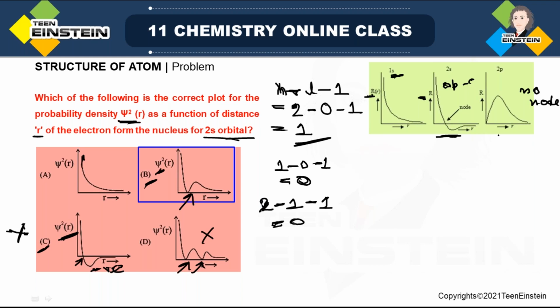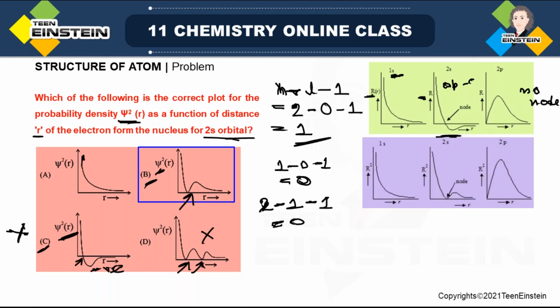So this picture is only for capital R, but the next picture again is for the same orbitals, 1s, 2s, 2p. But see, now it is square. Okay, so this is square for all these three, and this picture is actually present in option B, and that is the correct one. And just based on this information that only one node should be there, we have chosen option B, because in option A and D, here we have 0 node, here we have 1 node, here also we have 1 node, but here we have 2 nodes.